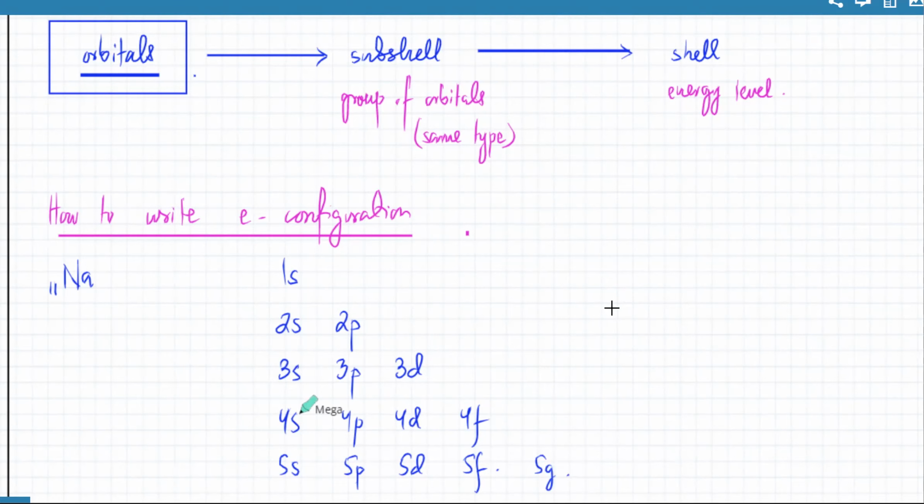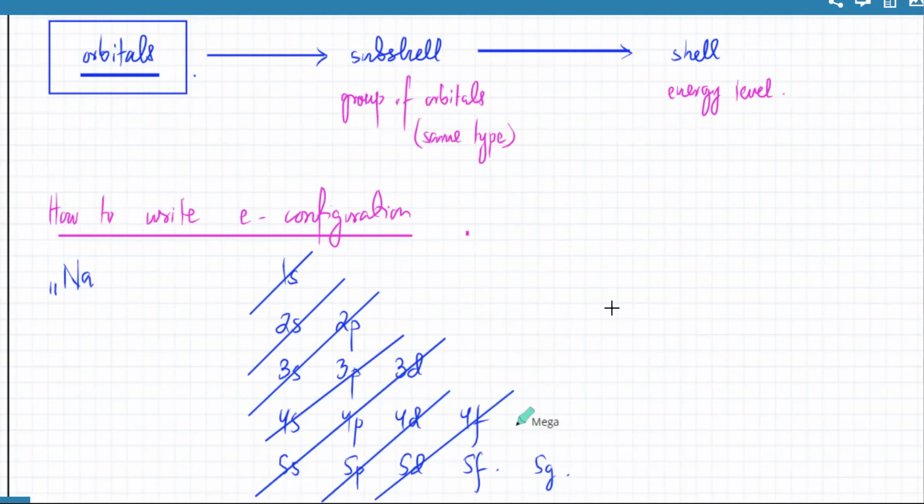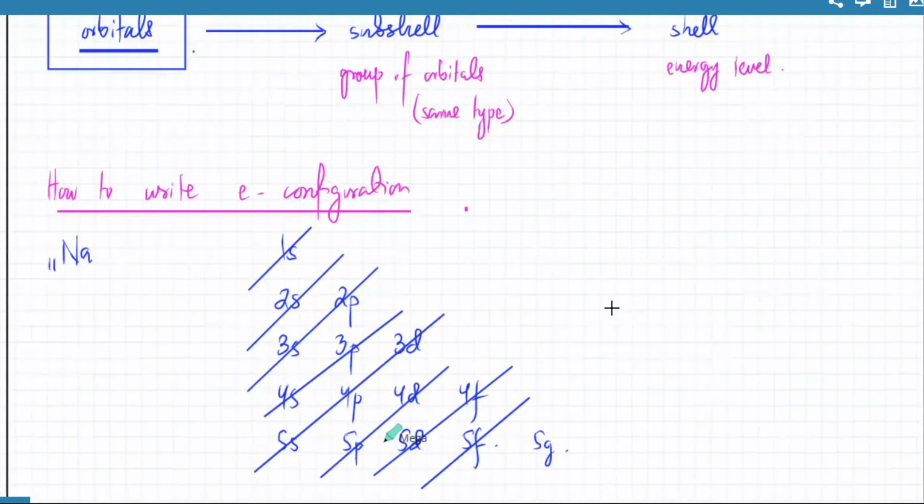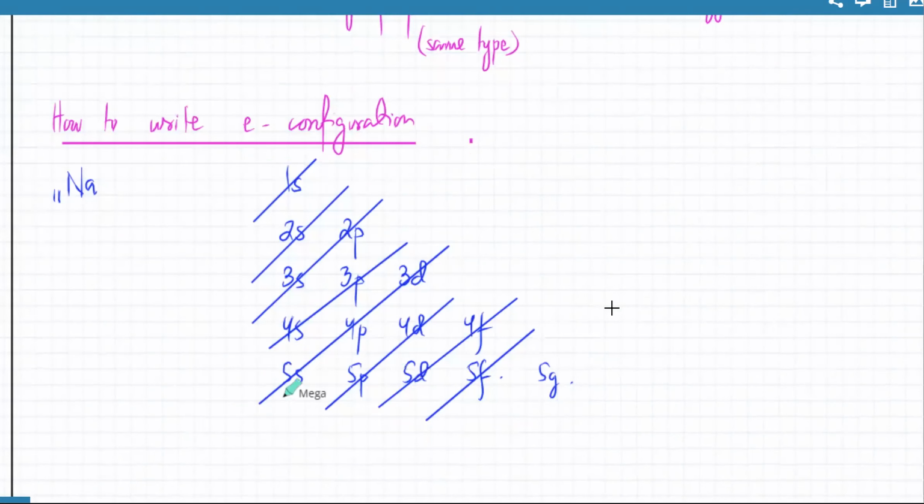Now the order is every time you just draw these arrows. ठीक है, draw these diagonal arrows and you keep following those arrows. So this will give you an idea of which electron would be filled in which orbital.